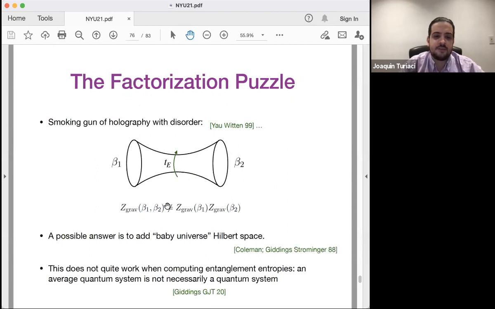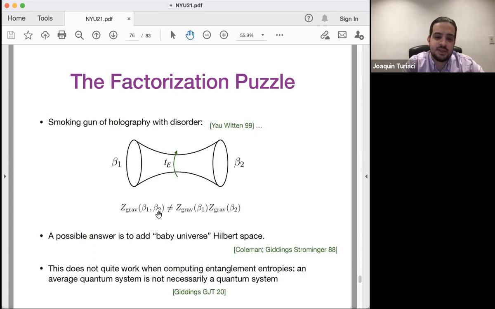Okay, now finally, of course, having a quantum system is not the same as having an average of them. And a smoking gun for this issue is this calculation where you can put two completely non-interacting black holes. Maybe they're very far away in the same universe, or maybe they're in different universes or something like that. But if you start adding connections, like these spacetime wormholes, whatever you want, then you'll have some connection between them.